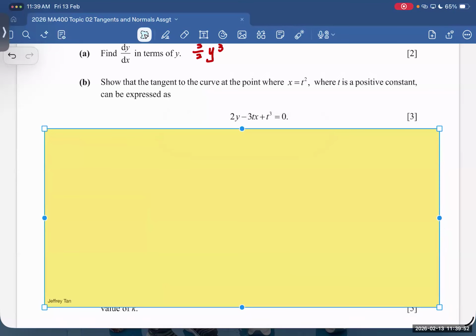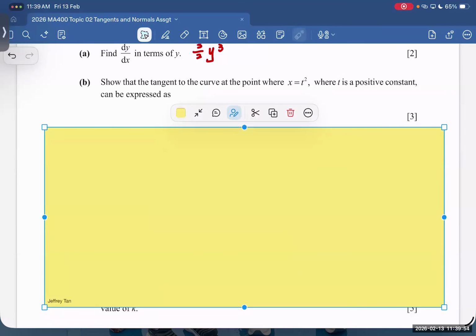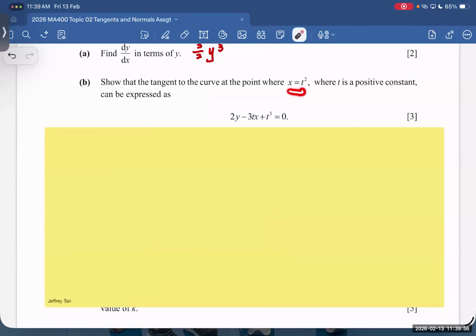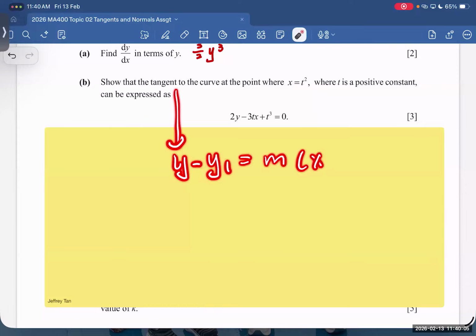Okay, so here, show that the tangent to the curve where x equals t squared can be expressed as 2y. Usually we know that if we talk about tangent, the formula is y minus y1 equals gradient times x minus x1, correct? So here, this is referring to the x1.